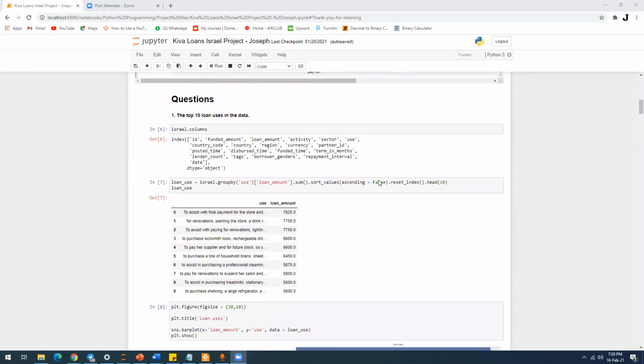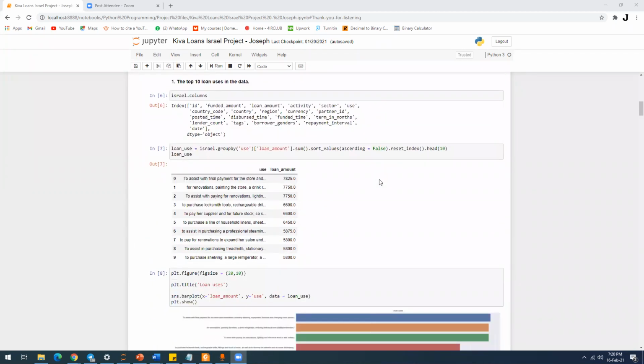So questions. The top 10 loan uses in the data. Using top 10 loan uses, I did a group by where I grouped using the uses and the loan amount, and then I did the sum.